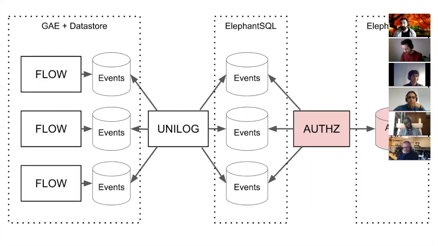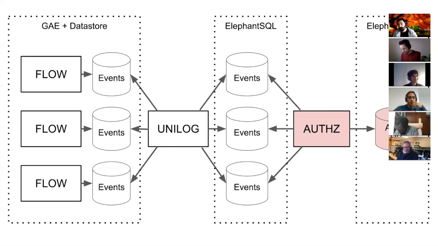Cool. So, how we have built this thing. We have used Unilog. If you are not familiar with Unilog, this is basically it. You have on the left-hand side Flow pushing events into Google Data Store, and it puts them in one specific kind. You can think about it as a queue.